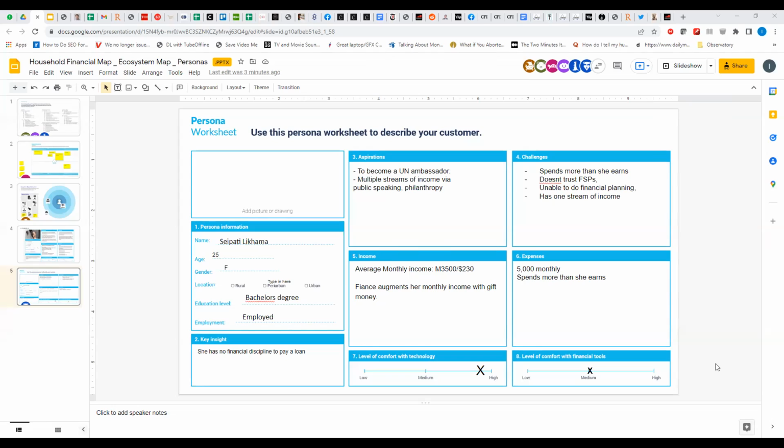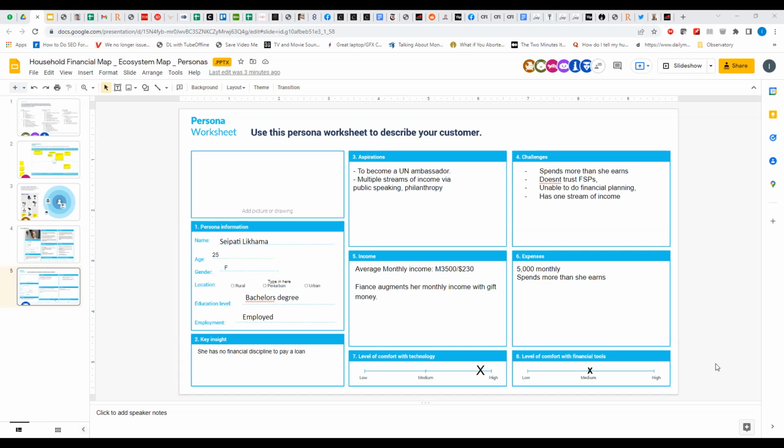The key insight we obtained from her is that she has no financial discipline to pay a loan, maybe because she already mentioned that she spends more than what she has as her monthly income.